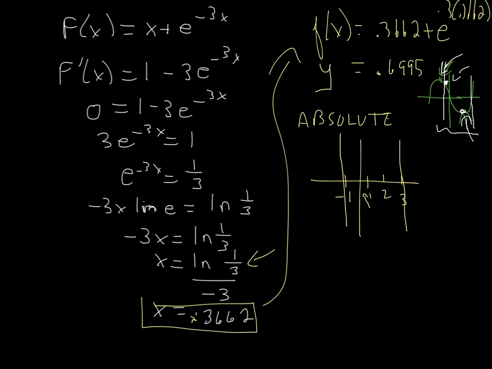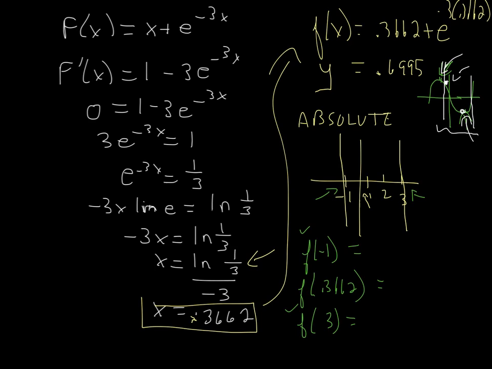We have to say, okay, the important places for this graph are when x is equal to -1, when x is equal to that 0.3662 value that we found, and when x is equal to 3, because that's our left and right boundaries, the -1 and the 3. So what I actually have to do is just work out the y values at all of those points and see who wins, which one's the highest, which one's the lowest.